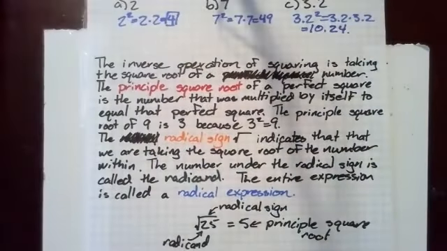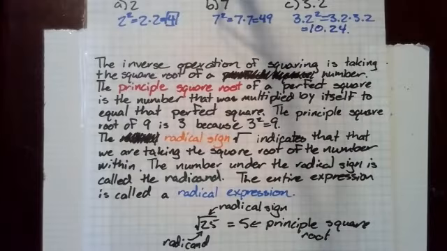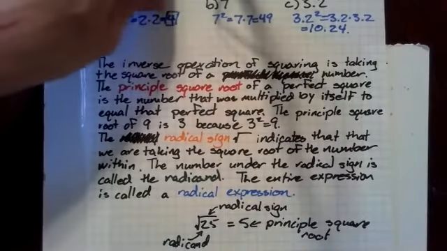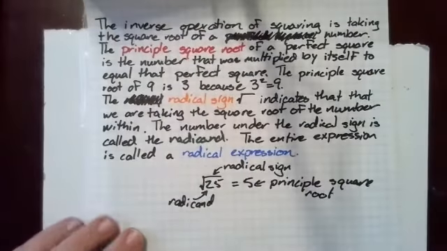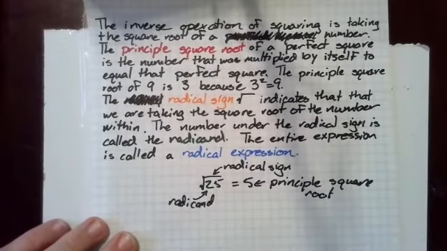The inverse operation of squaring is taking the square root of a number. The principal square root of a perfect square is the number that was multiplied by itself to equal that perfect square. The principal square root of 9 is 3 because 3 squared equals 9. The radical sign indicates that we are taking the square root of the number within.